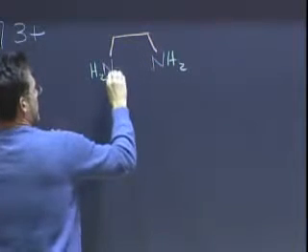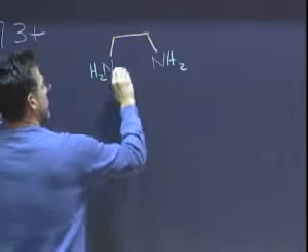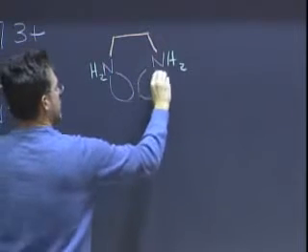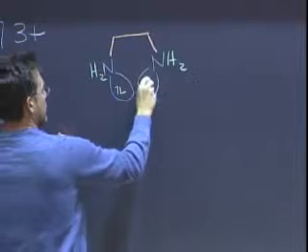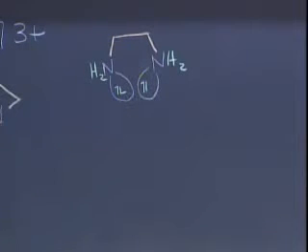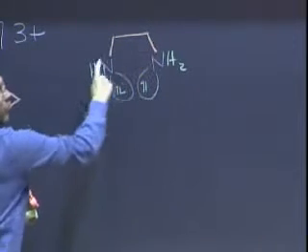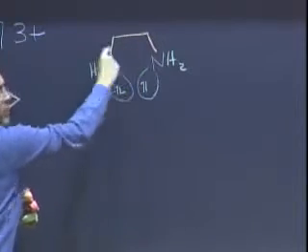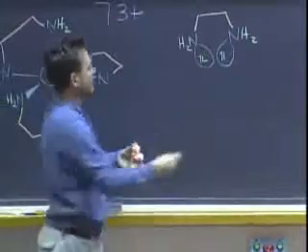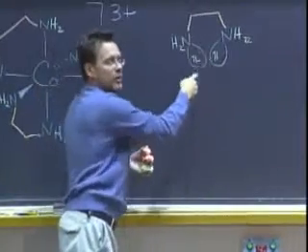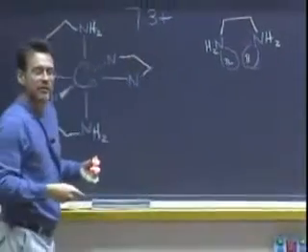And by drawing in simplistic form the 2 lone pairs on the 2 nitrogens, you can see that this set of 4 atoms is able to organize itself so as to simultaneously point 2 lone pairs at the same metal center.